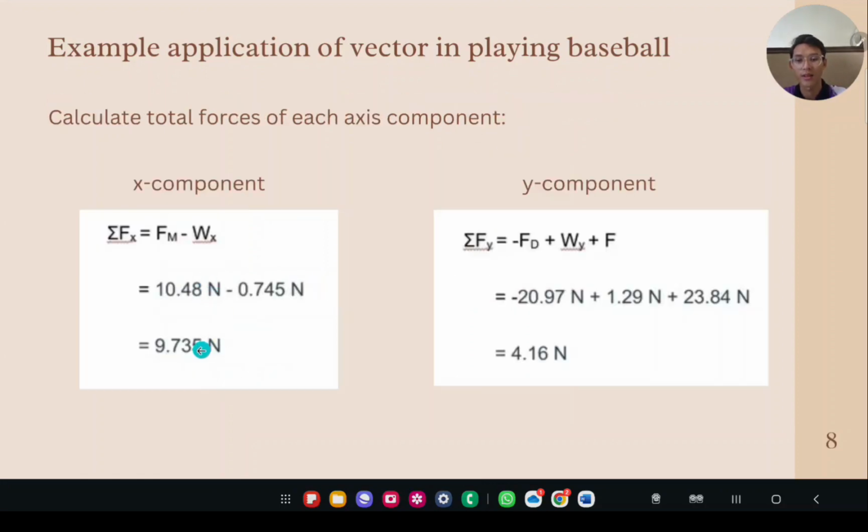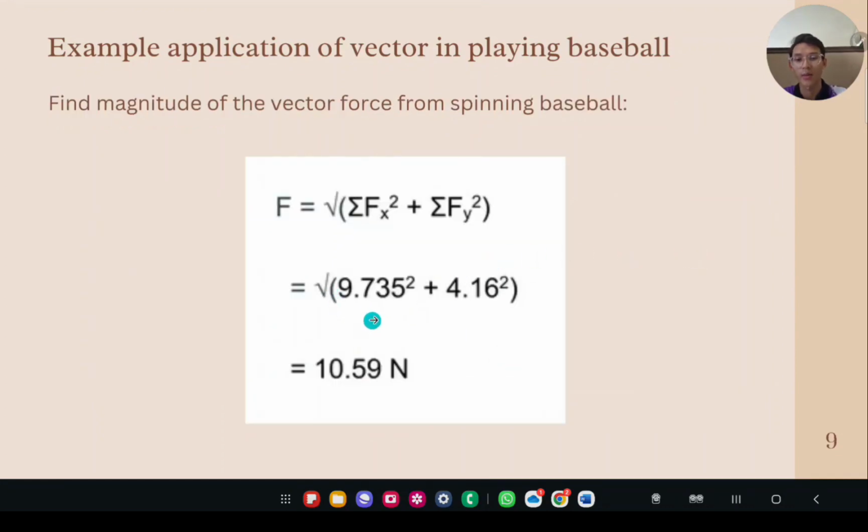So we got the sum of Fx, 9.735 squared plus 4.16 squared, and after we calculate, we will get 10.59 Newton, the magnitude of the spinning baseball.